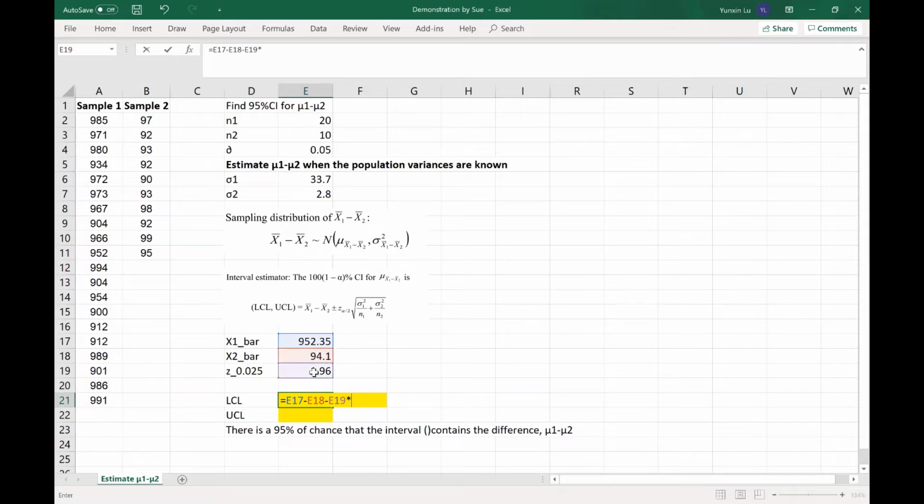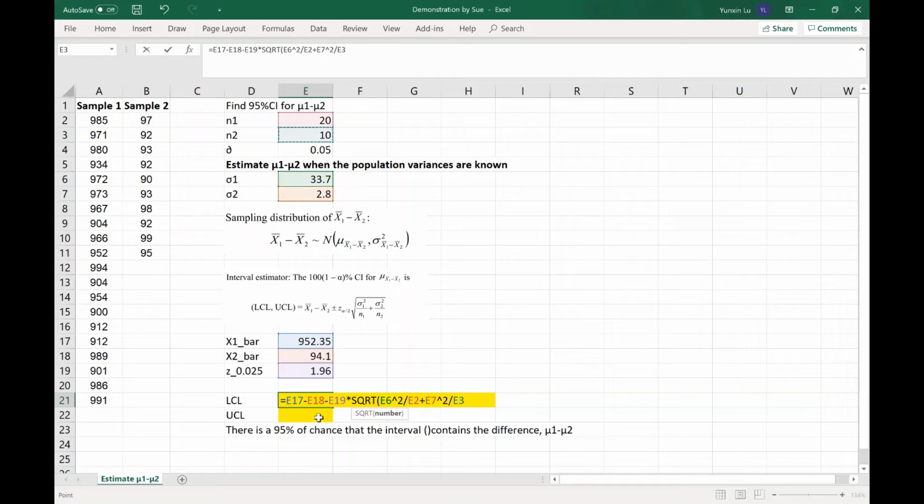Multiply the square root of the population variance divided by the size of the sample, and add the population variance of the second one divided by the size of the second sample.